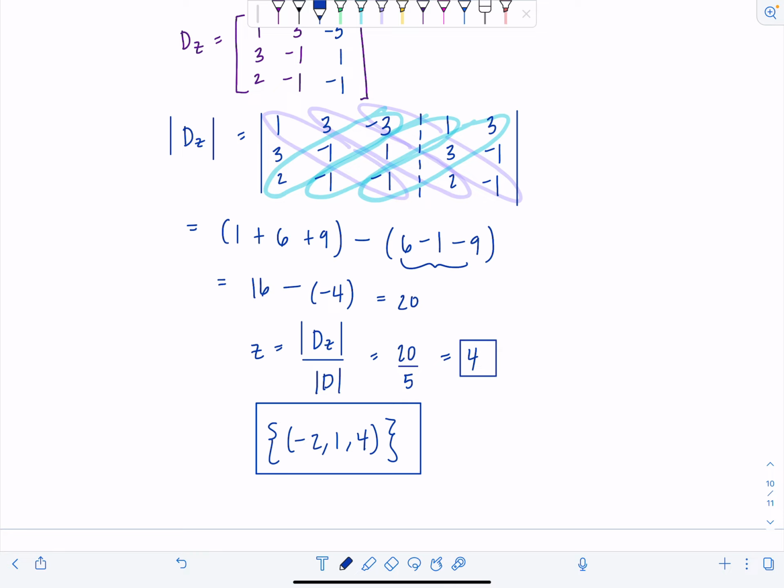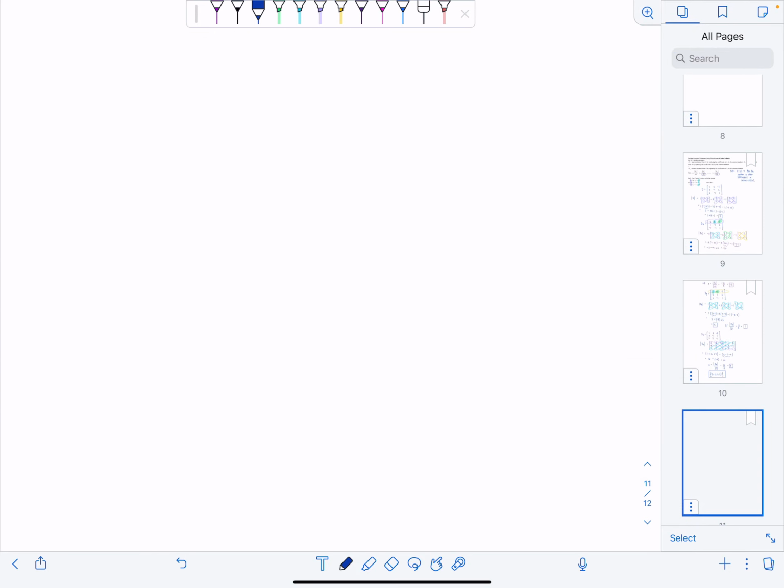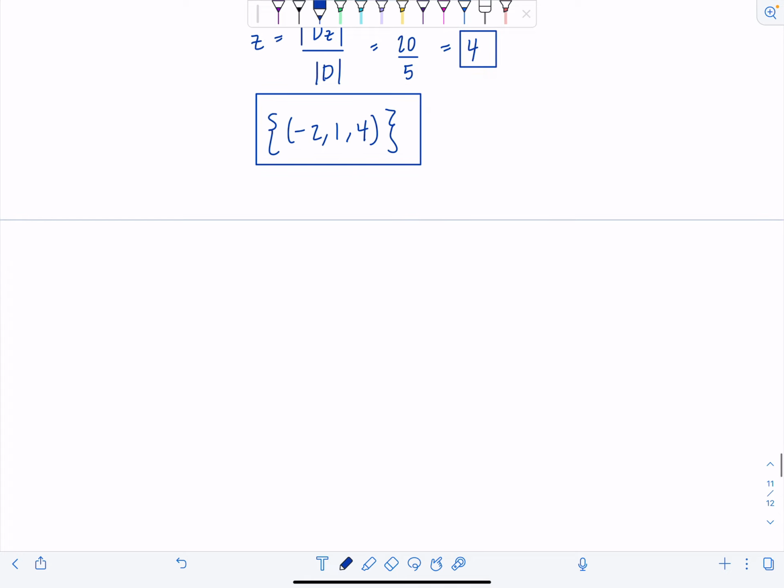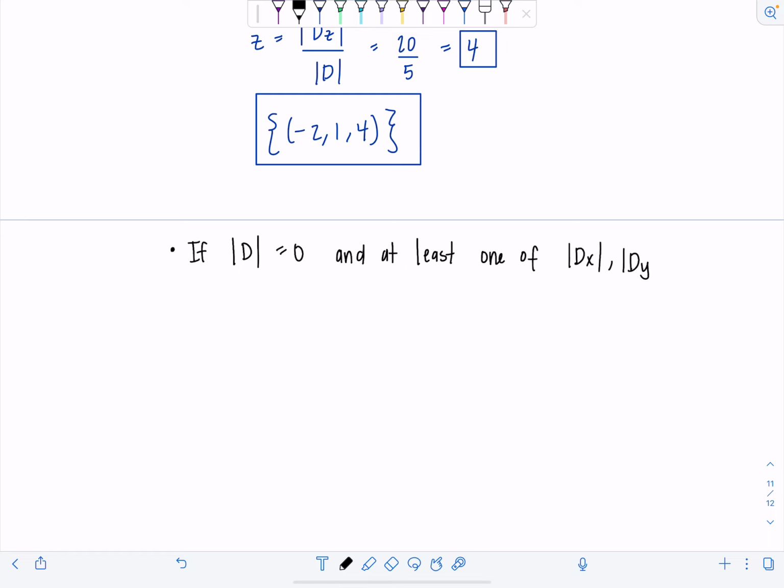And I did promise to tell you what it meant when the determinant was 0, right? Okay, so let's talk about it because it can happen sometimes. Let me add a little page in here and I'll just summarize kind of what to do when the determinant's 0. So if the determinant of that coefficient matrix is equal to 0 and at least one of the determinants dx or dy or dz, assuming it's only 3 by 3, is not 0, then the system is inconsistent.